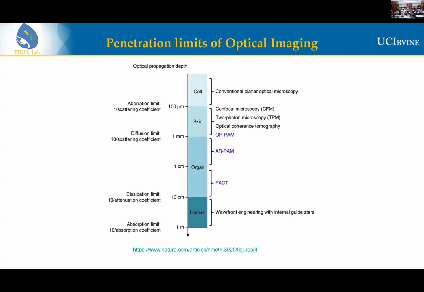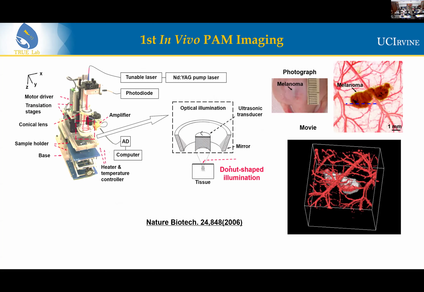One is OR-PAM, optical resolution photoacoustic microscopy, and the other is AR-PAM, acoustic resolution photoacoustic microscopy. As you can see in this table, photoacoustic microscopy can penetrate a little deeper than confocal and two photon, and sometimes OCT, but still has very high resolution. That's the point.